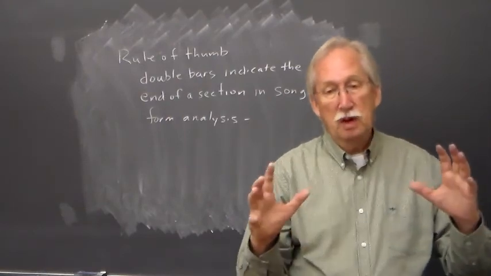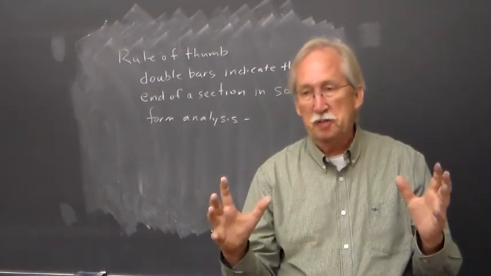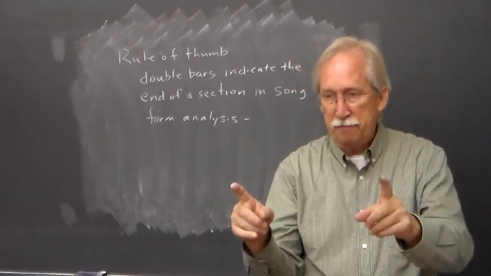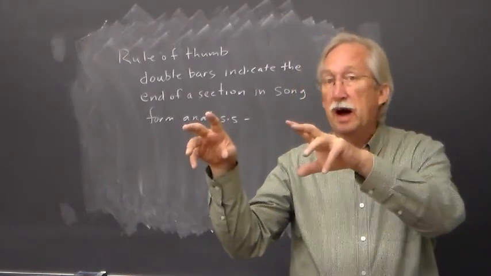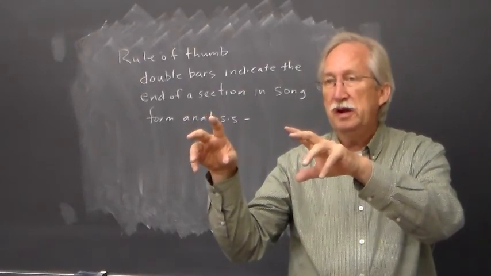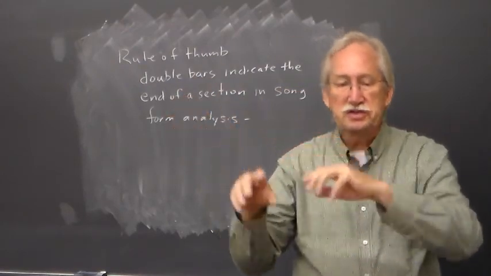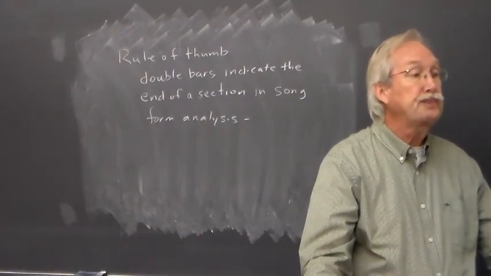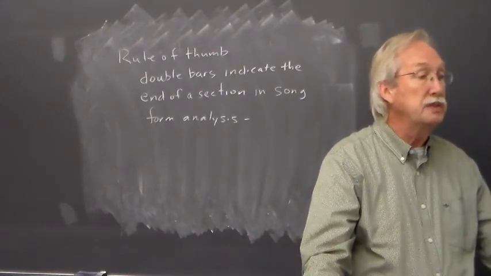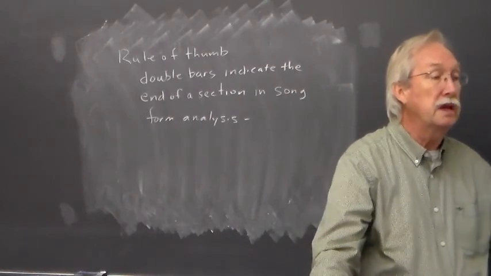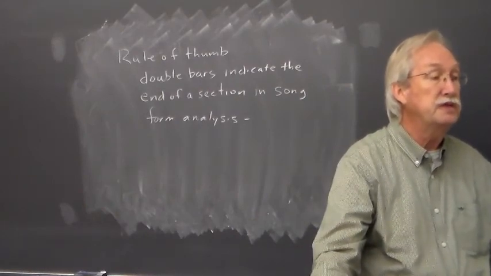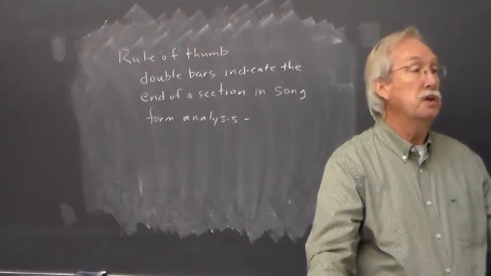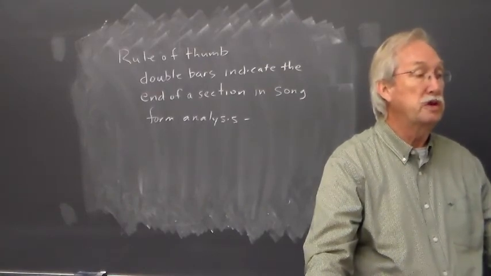So what happened was that you have 6 measures for part 2. He takes the first semiphrase and then he sequences that up. And so that's the extension right there. And then he has the final 2 measures that give you a half cadence. And so that happens there at measure 14. And I stopped it right there at measure 15, which is the return of the first measure, the return of part 1.